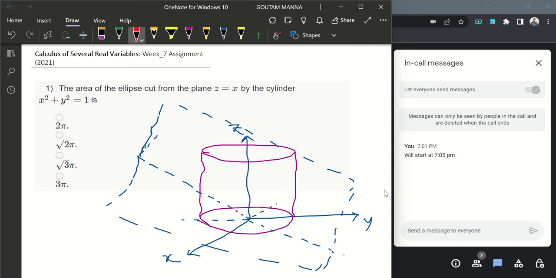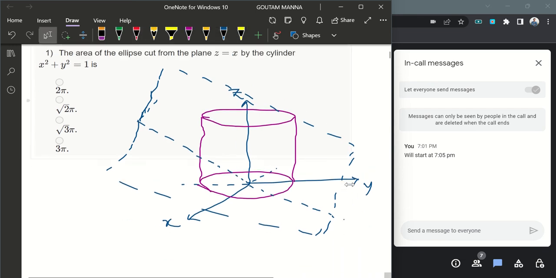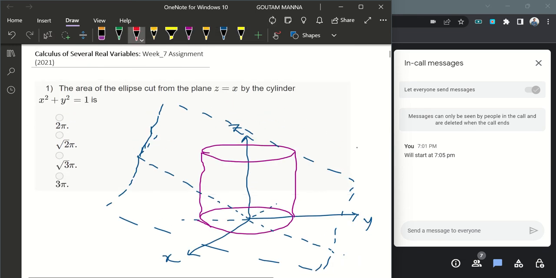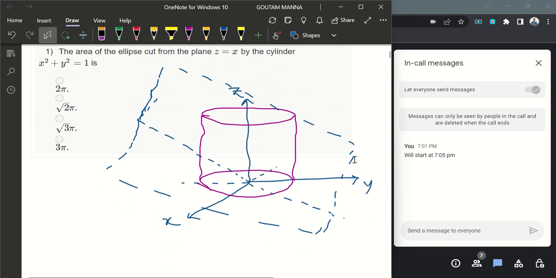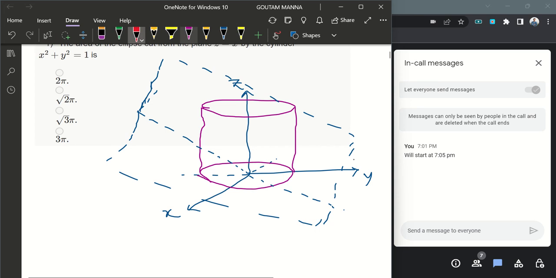Now if you see, the plane will cut this cylindrical region in this way.